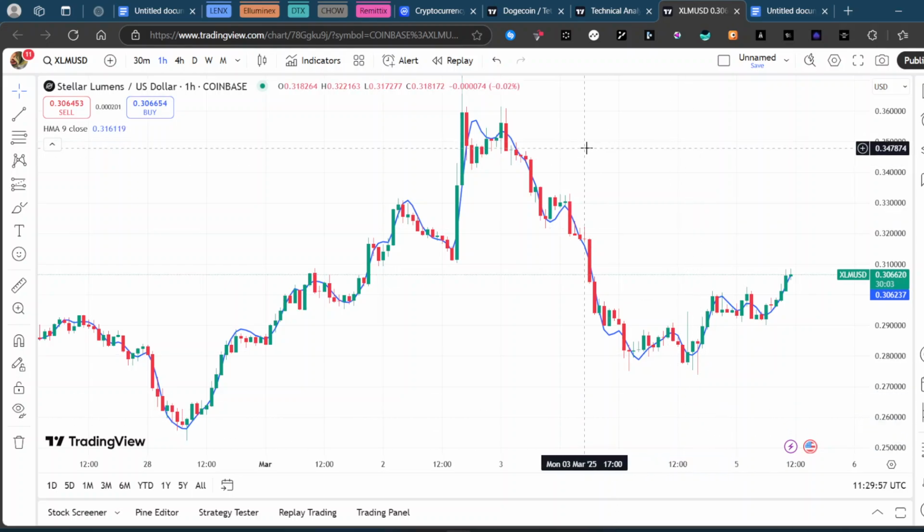So now that we know how the Hull Moving Average works, let us quickly look at how you can implement this indicator in your trading strategies.